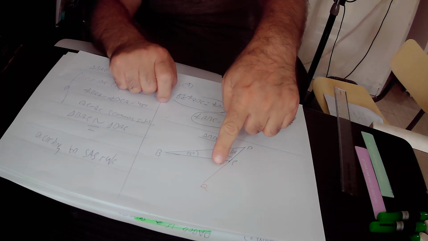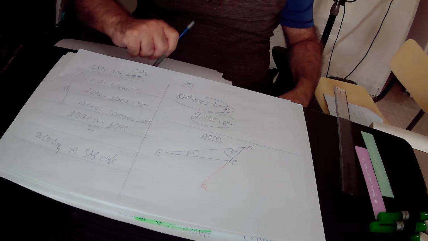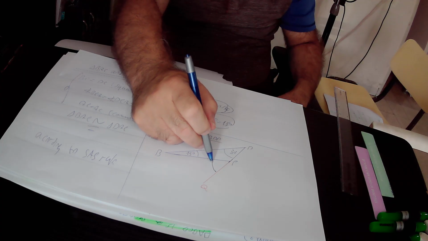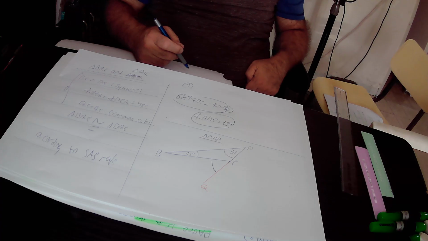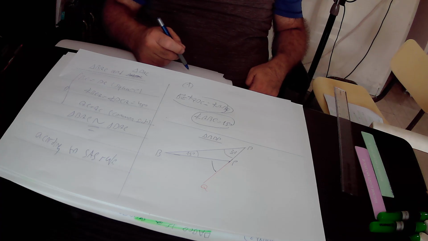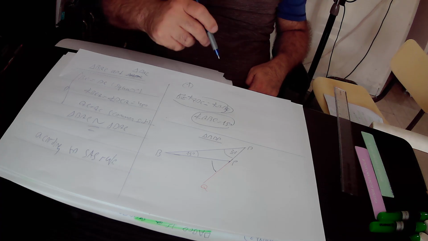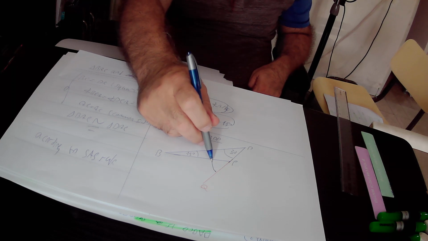This angle BPQ is defined as an exterior angle because it is located outside triangle BDP. The question is, what is the size of this exterior angle BPQ?